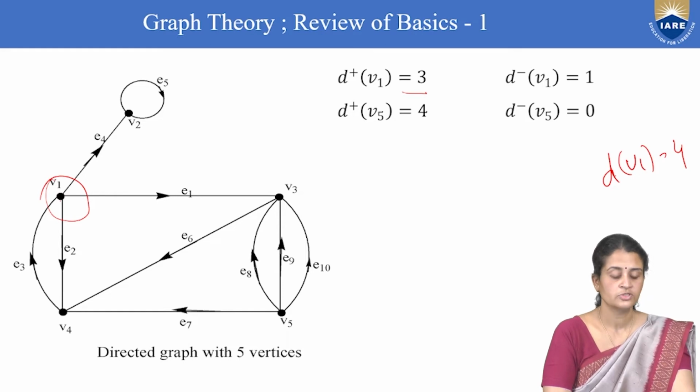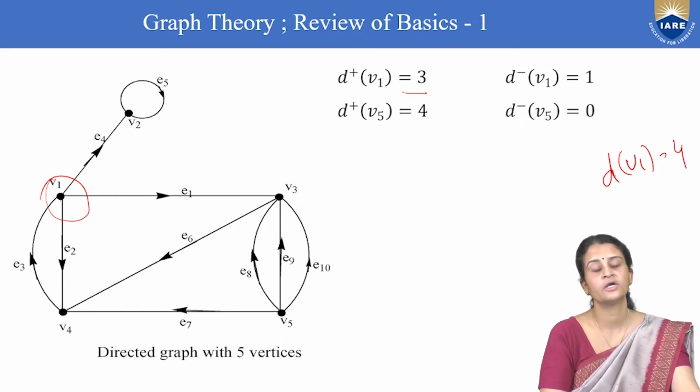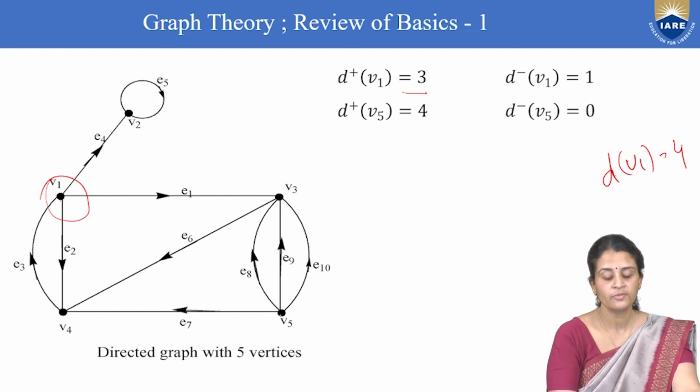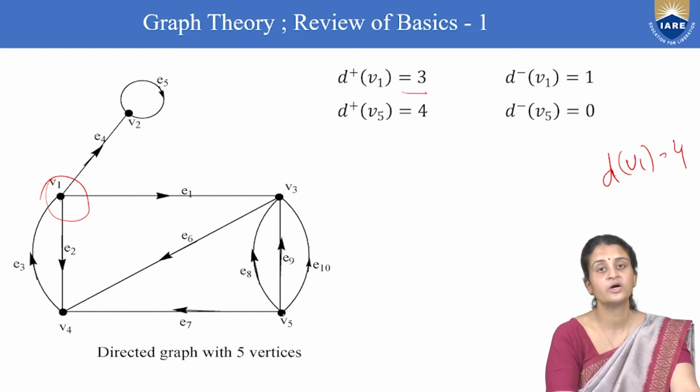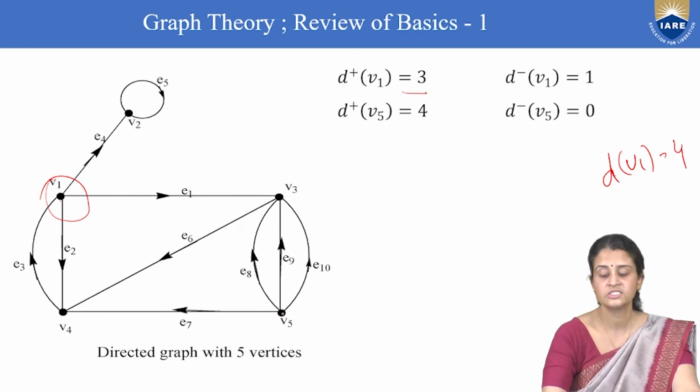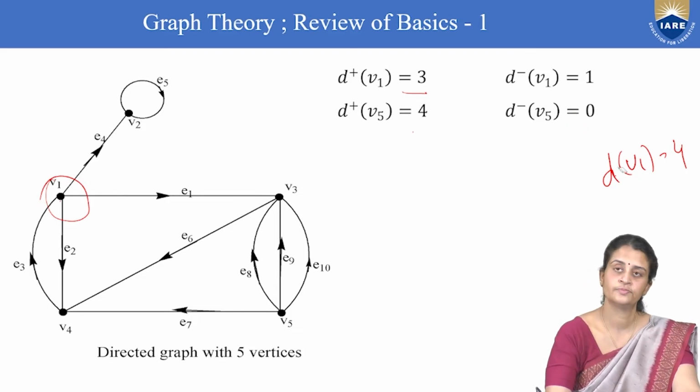So we can find the in degree and out degree of other vertices. When it comes to V5, there are 4 edges emerging out of V5. No edges are coming into V5. That is why d minus of V5 is 0 and d plus of V5 is 4.